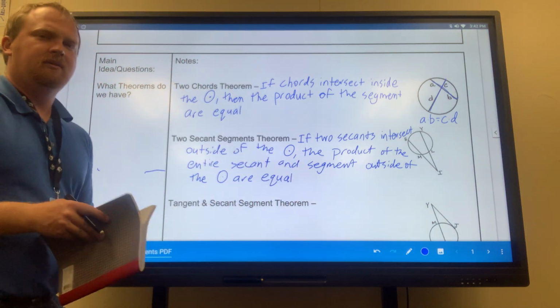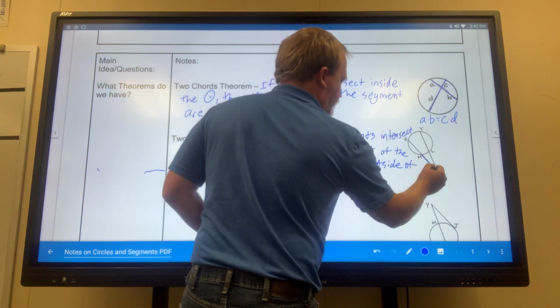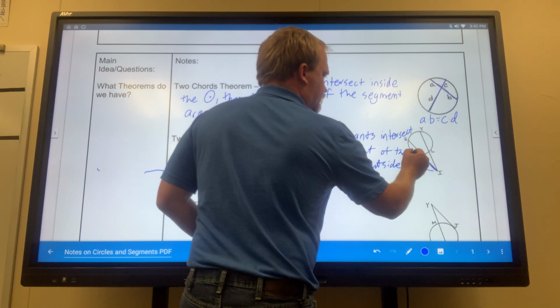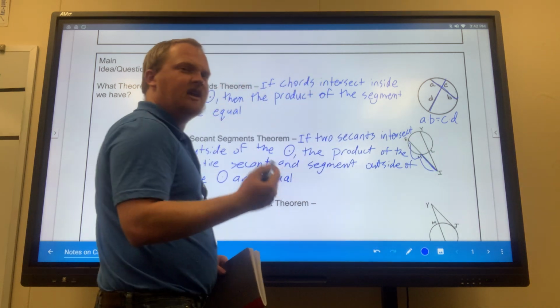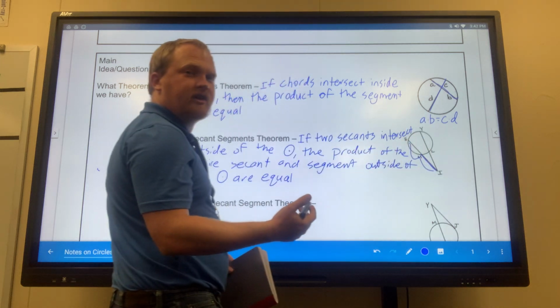So what does that mean? That means that the part outside of the circle times the whole secant is going to be equal to the same thing on the other secant.